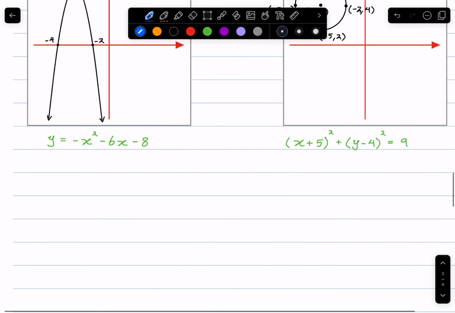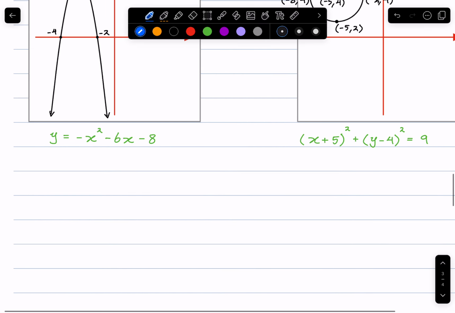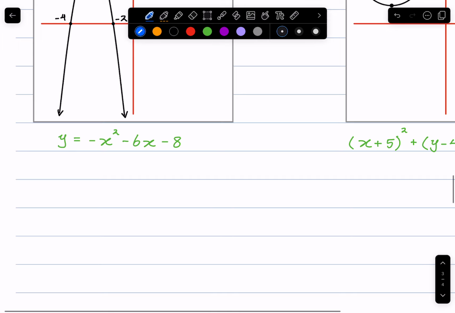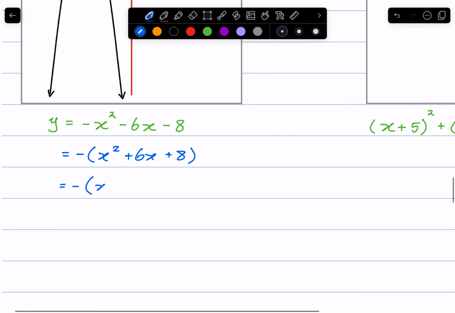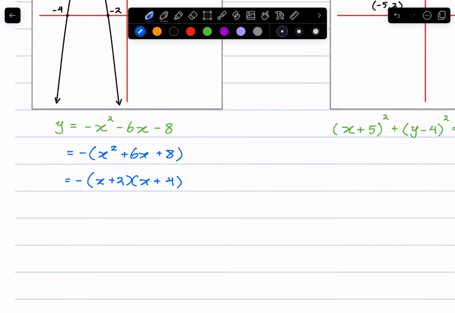So once again, for this, we're going to factor this where possible. So this becomes negative (x squared plus 6x plus 8). So this can become (x plus 2)(x plus 4).